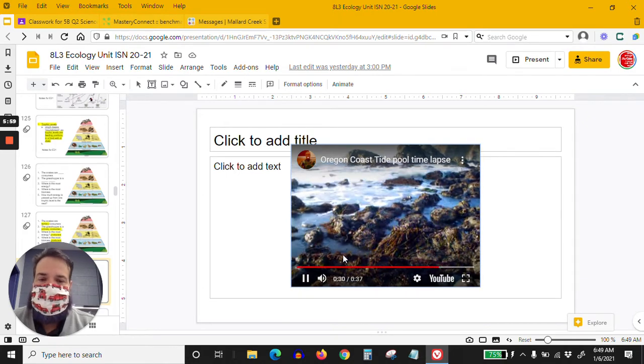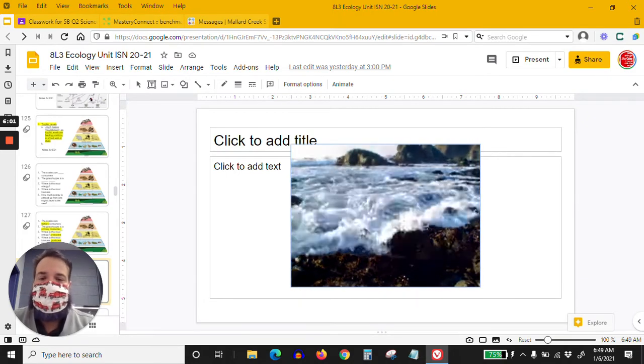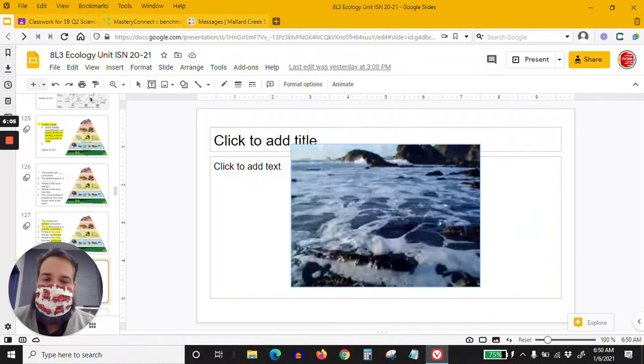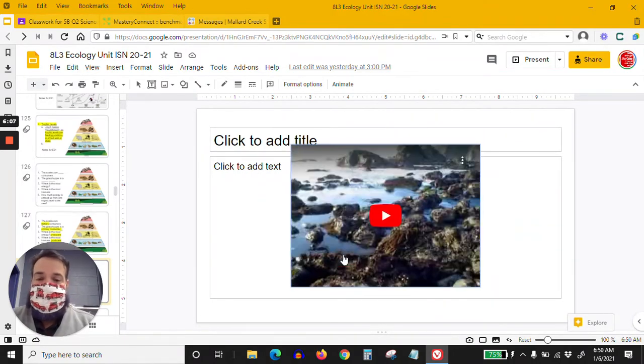And now high tide is coming back in, and the area is covered with water again. Eventually, that high tide would go out, and the rocks would be submerged, but there'd still be those pools of seawater. So when we talk about the intertidal zone, that video was of the intertidal zone.